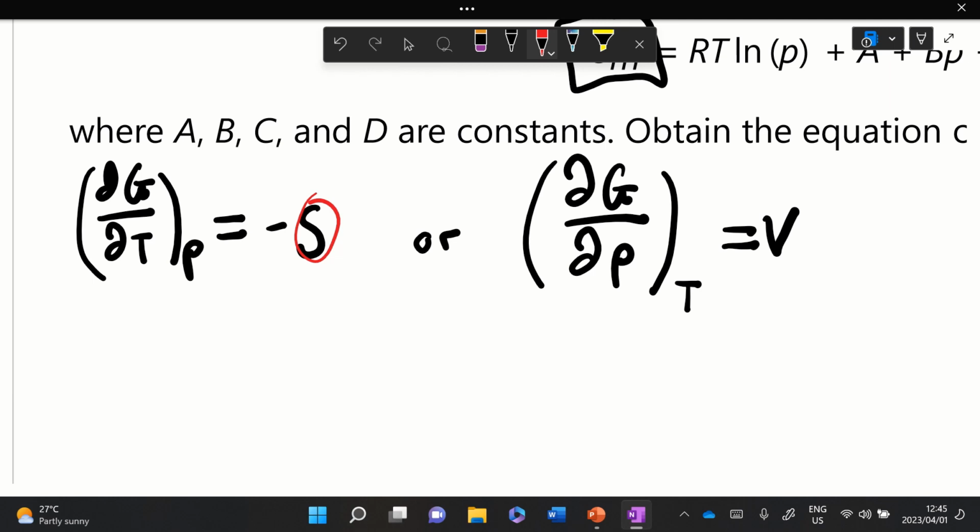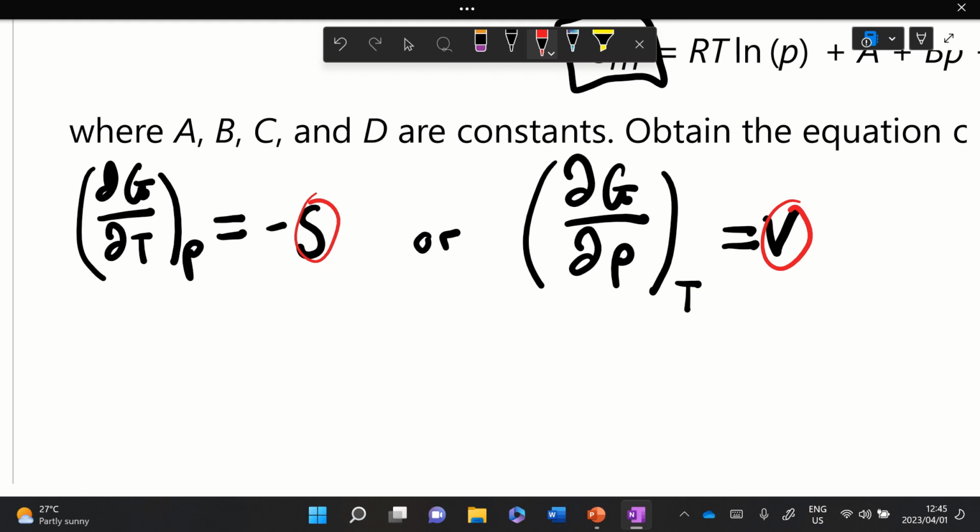This one gives us volume. So if we take the derivative of this function to pressure at a constant temperature, we will obtain the volume of this gas. So in other words, that will give us a way to determine the equation of state. We will have something that says volume is equal to some other stuff, right?